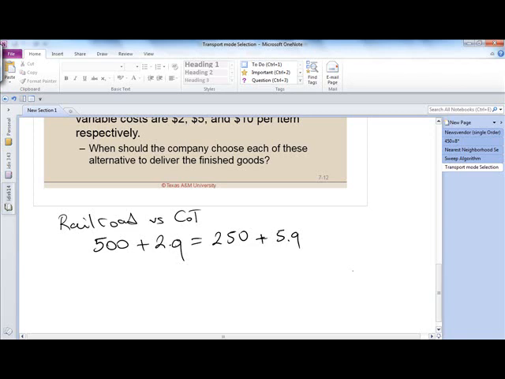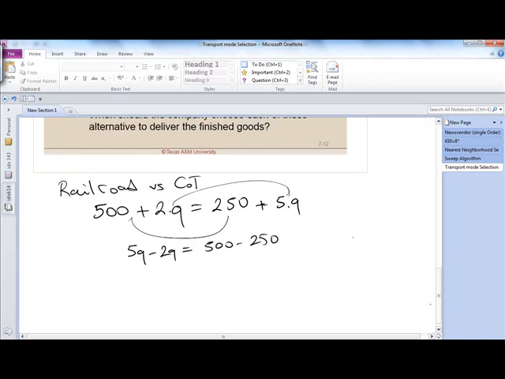If I move this one here and arrange it, I end up with 5Q minus 2Q is equal to 500 minus 250, so 3Q is 250, and Q is 83.3.